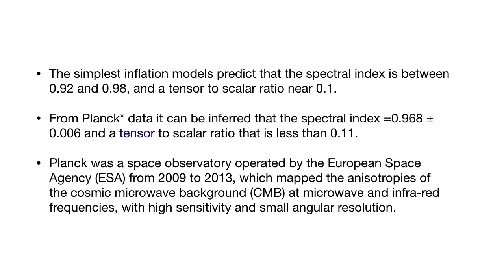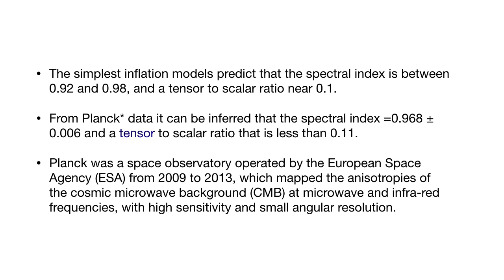So this spectral index and tensor to scalar ratio describe these waves we see in an ocean. These two numbers depend, in the case of an ocean, on the density of the water and the properties of the water. Similarly, in the universe, we can use that to estimate whether the variations, the waves on the cosmic microwave background, are the same as described by the quantities.